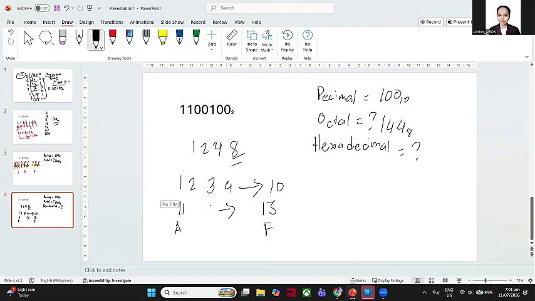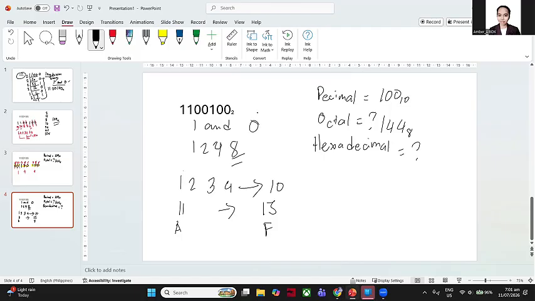It is a letter sense because it is hexadecimal. 1 to 10 is the decimal, correct? Octal is 1 to 4, 8. Binary has 1 and 0.